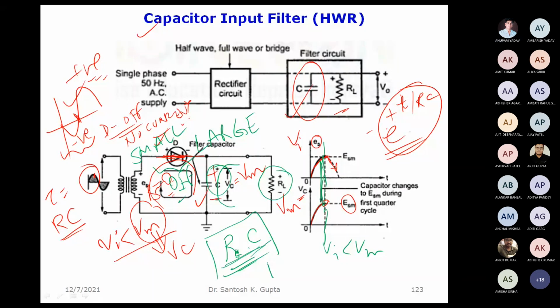If we make it large enough, it will be slow discharging, and by the time the next positive cycle of the input signal starts, the diode may become on, and again the capacitor will start getting charged.